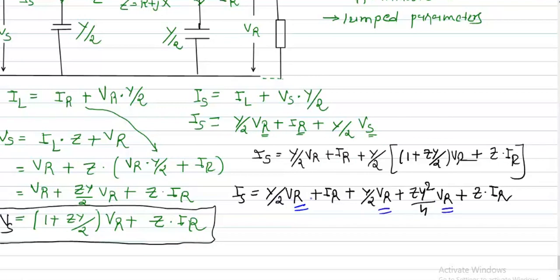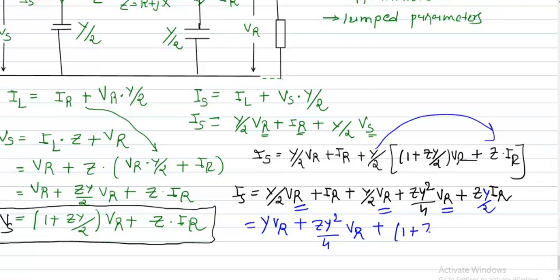So this Y by 2 VR and Y by 2 VR becomes Y into VR, plus again we have another term of VR, so it is ZY square by 4 into VR, plus I have the another equation for IR. Here Y by 2 is multiplied, sorry, it's a mistake, Y by 2 is multiplied because this term is also multiplied with this. So I have 1 plus ZY by 2 into IR, right?